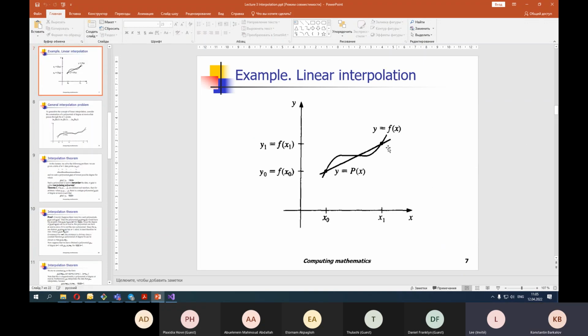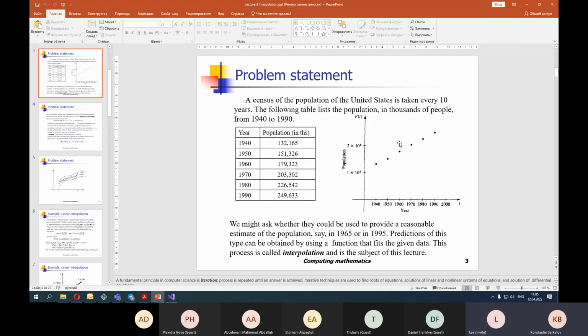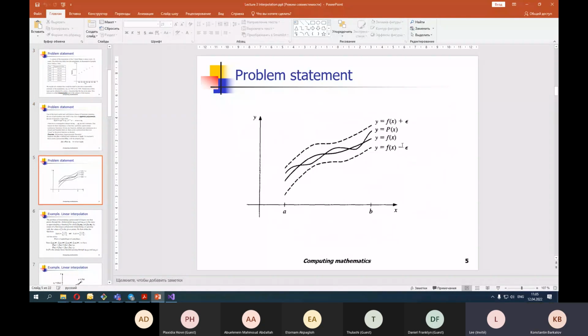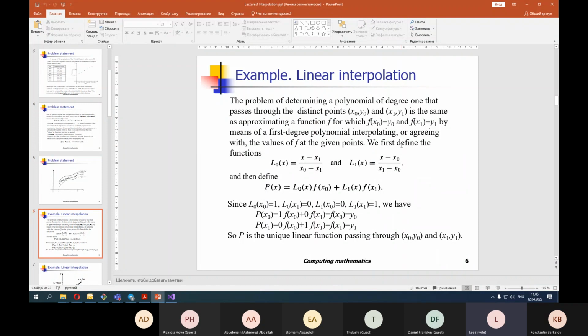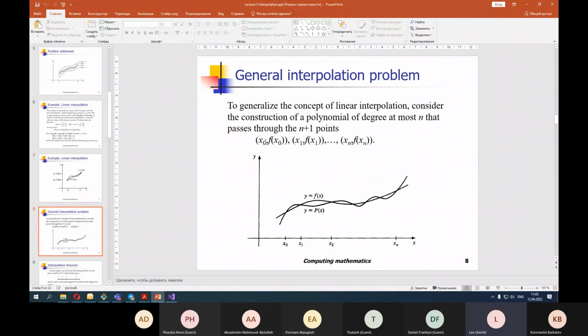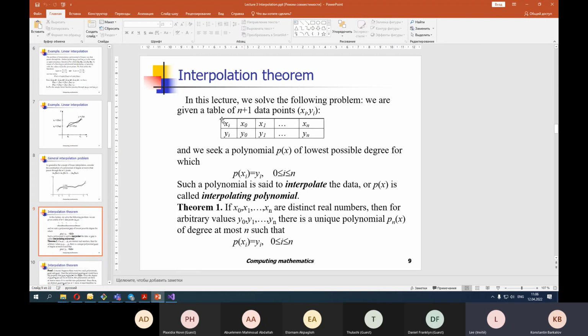Let's come back to the problem statement of interpolation. In general, we can say that we have n+1 points, x0, f of x0, x1, f of x1, and so on, xn, f of xn, and we're going to find the polynomial that passes through all of these points.